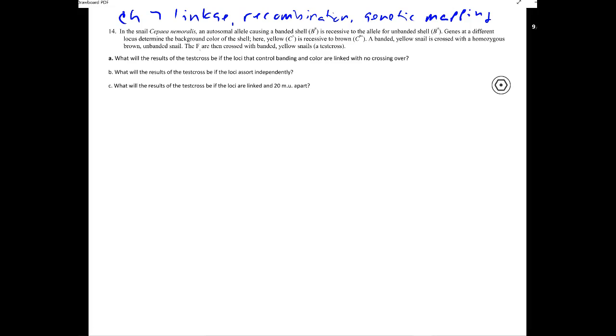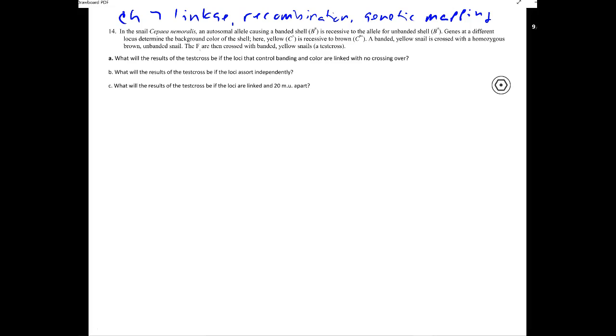You've probably heard of mapping the human genome, all that kind of stuff. And that all began with being able to map genes by doing specific types of genetic crosses, and then calculating the distance between genes on a chromosome.